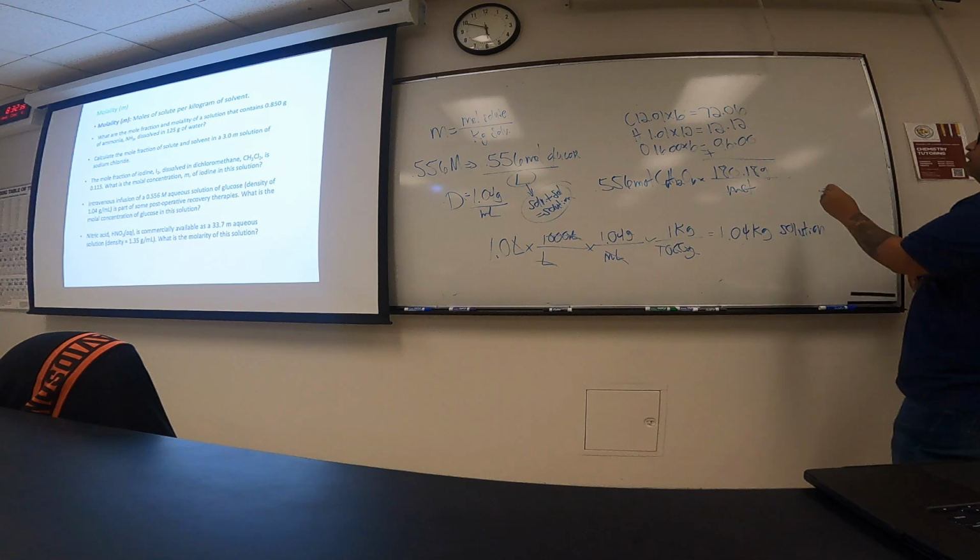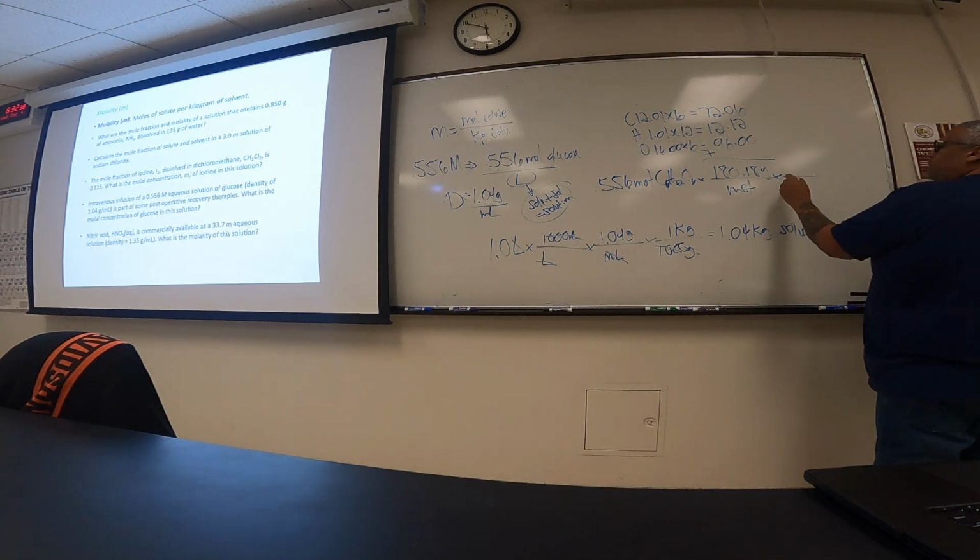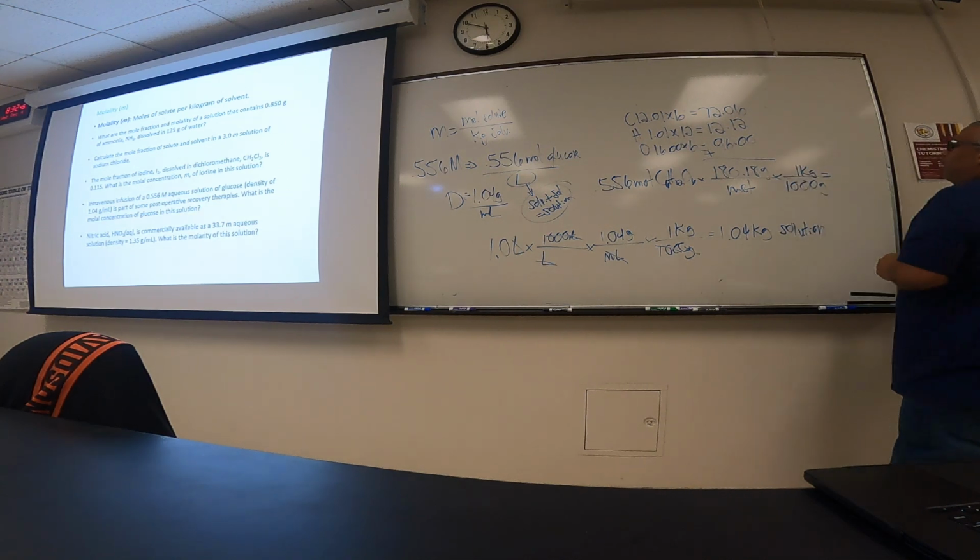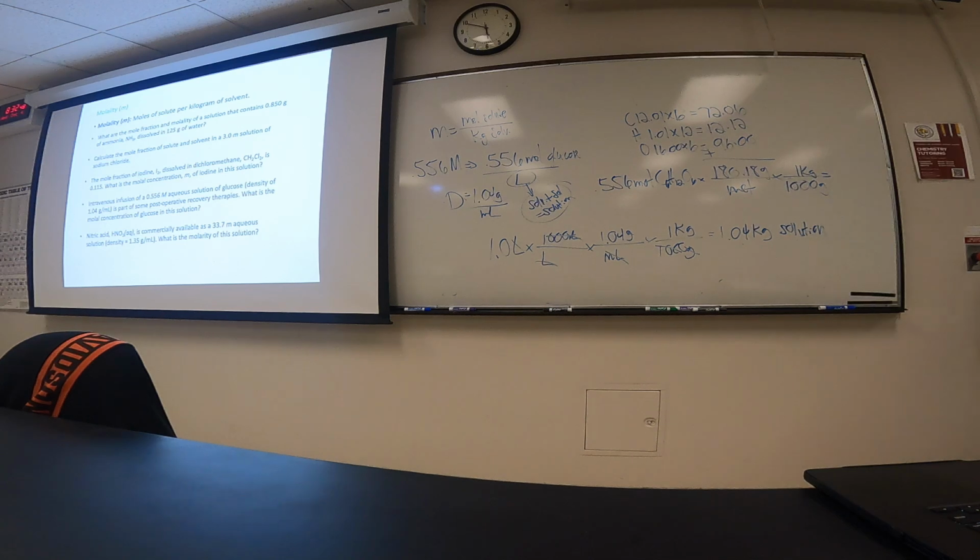And let's do one more thing. Let's go one step further and get this into kilograms. So here's our equation: grams over kilograms. How many kilograms of glucose do we have?